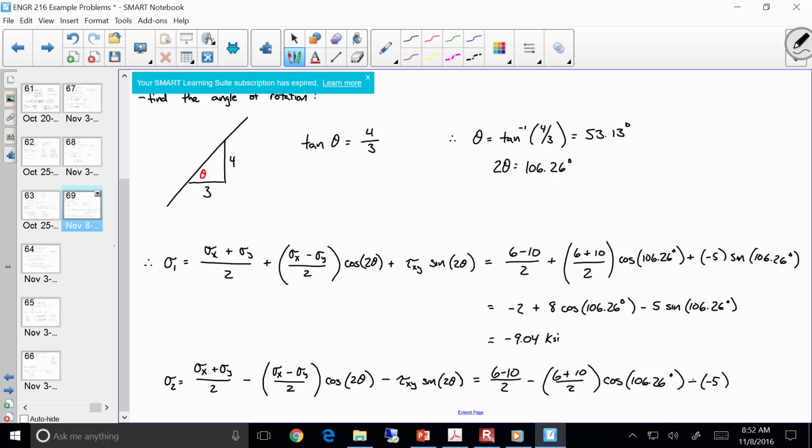Maybe I'm taking too many shortcuts. Sine of 106.26. All right, let's see what we get here. 5.0. There we go.